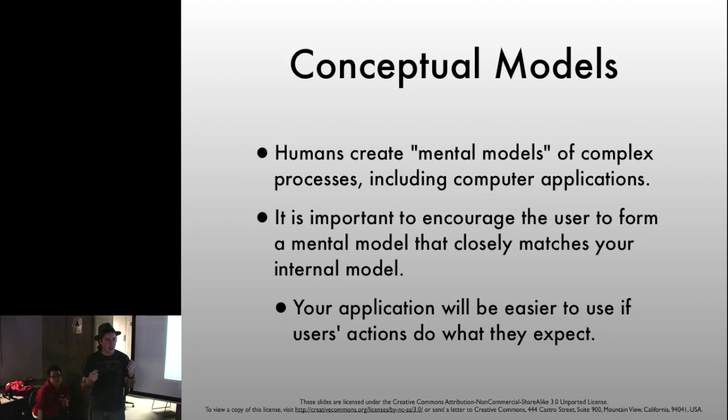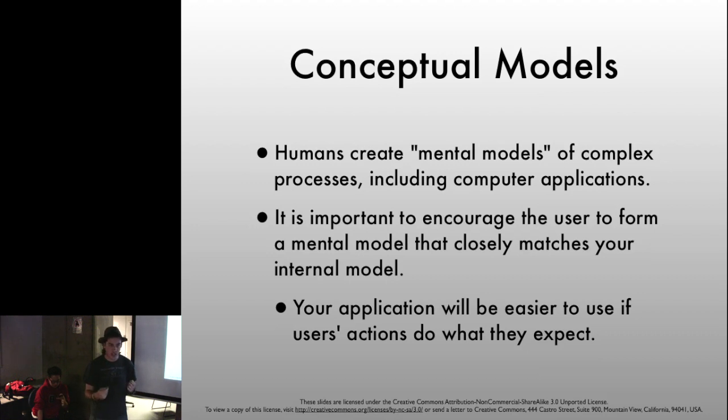And this is both a blessing and a curse. It's great because it allows your user to figure out what to do without really knowing exactly how every piece of it works. It's a curse in the sense that if the user forms the wrong model, they're going to get very frustrated by your application, because they think they know what they're doing. They try to do it, and then your application responds in a way that's different than what they expect.